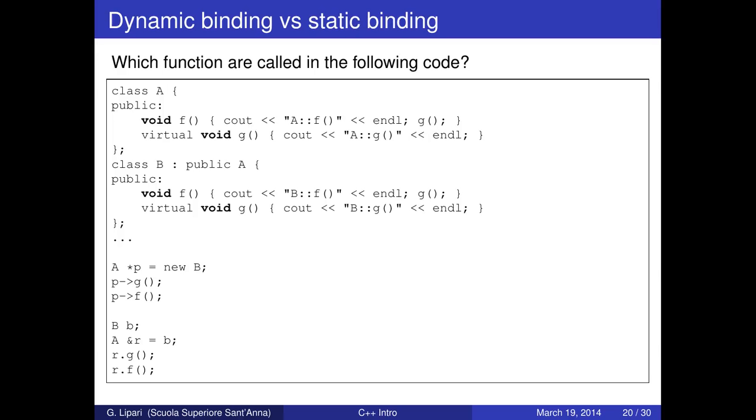In other words, whenever I call a virtual function through a pointer, even when I'm inside a member function like f, it always applies dynamic binding. Always. Okay? So calling a virtual function using a pointer always applies dynamic binding, so it looks at the type of the object.